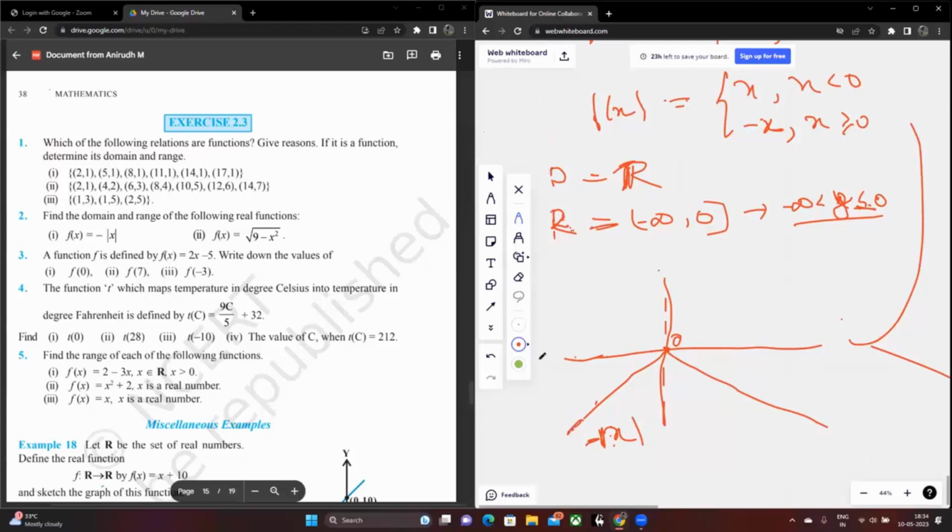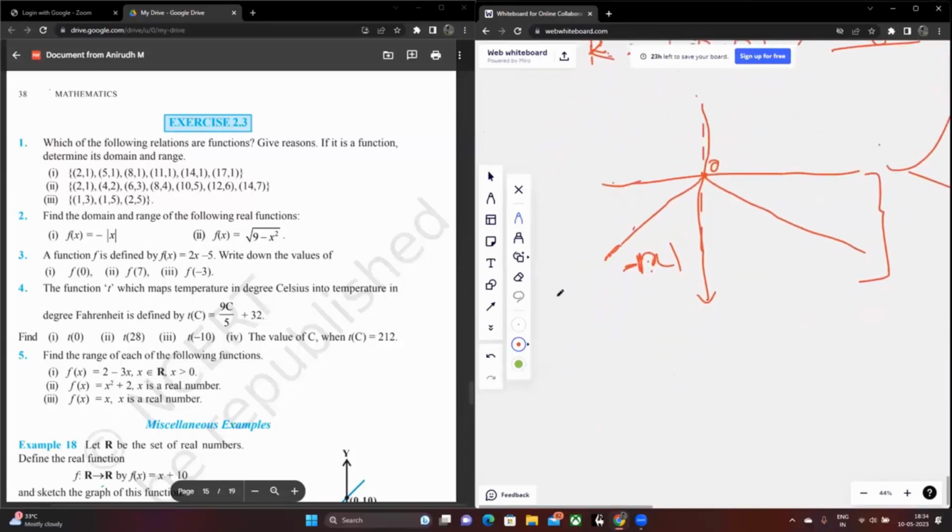So the domain is basically the points on the x-axis where the function is defined, that is the real number line R, while the range is the points on the y-axis which are covered, which is the set from 0 downwards, which is minus infinity. So the range is minus infinity to 0. That's how you graph the function, and that's how you get the domain and the range from the graph.